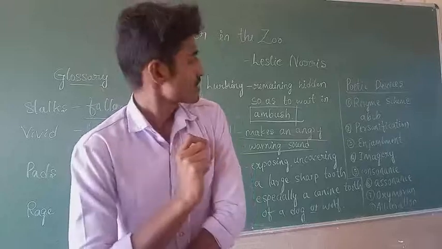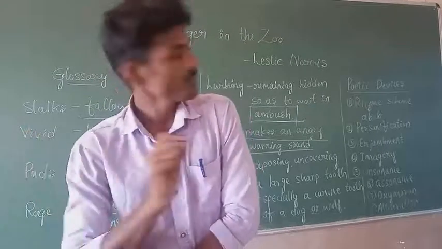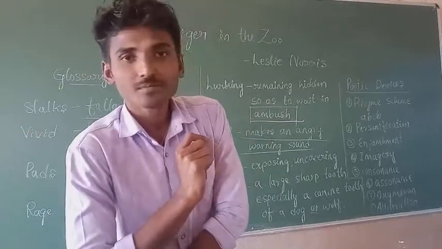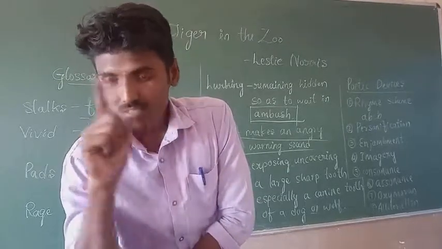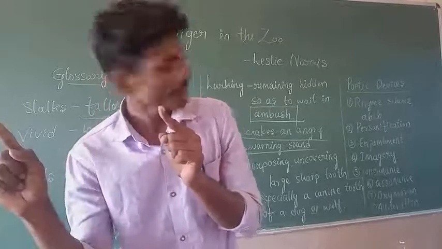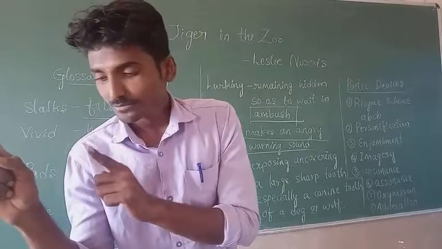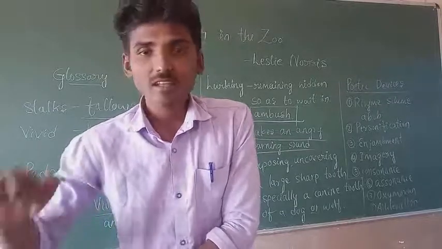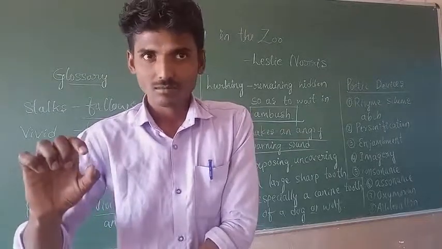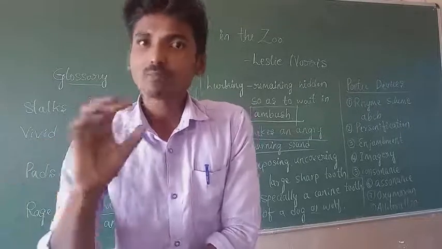So first one, the rhyme scheme. The rhyme scheme set in this poem is A B C B. The first line and third line are different, but the second line and the fourth line end with the same pronunciation.